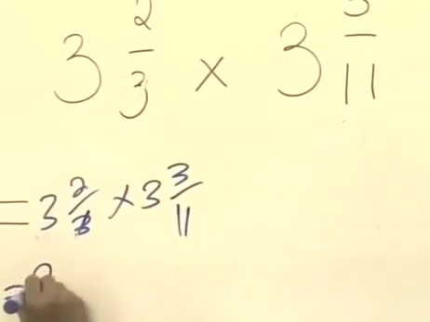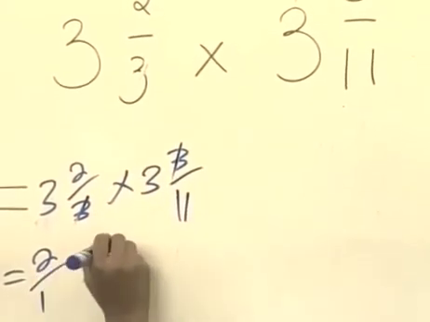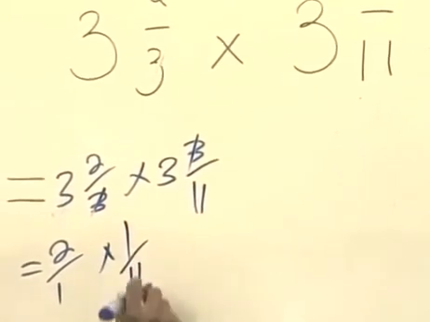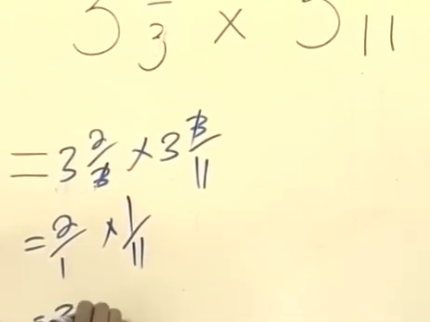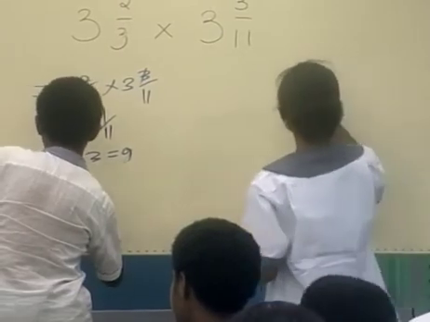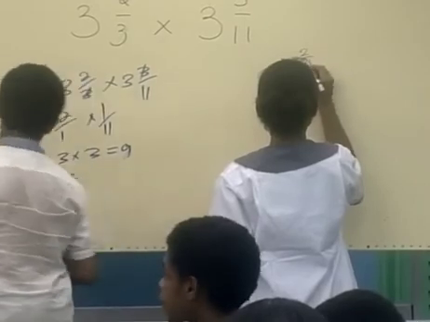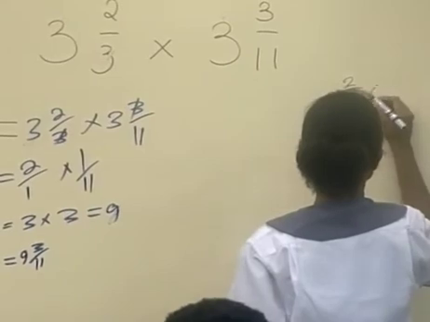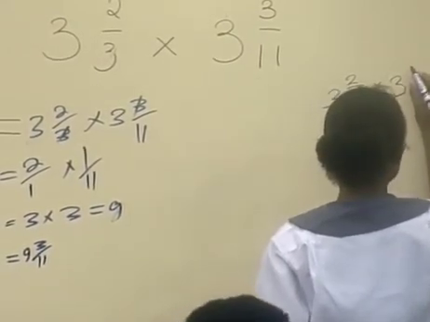Go up and write your working out on the other side, next to Michael's. Okay, Michael, when you finish, you're going to explain how you got your answer. Where's the mic?